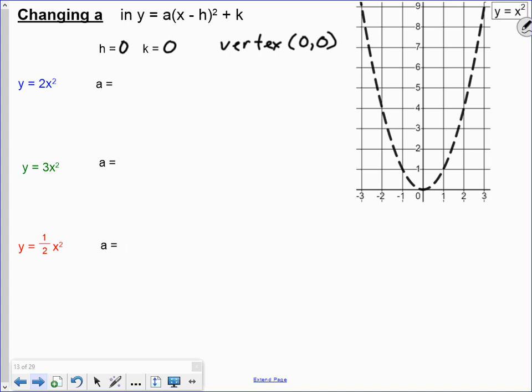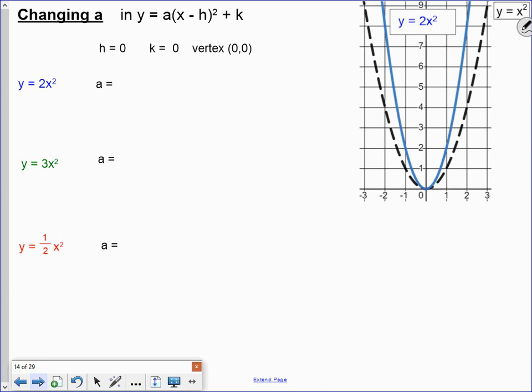All right, what do we have when we have y equals 2x squared? Well, it looks like this. It looks like our parabola is a little bit narrower. But what we've actually done is we have stretched our parabola vertically.